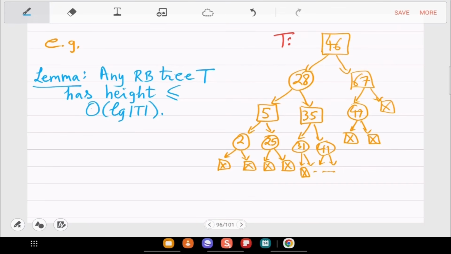This was one of the promises that the tree has, to have small height in terms of the number of records n. Height should only be log n, and then the other promises, which we will see, are how to do insertion and deletion in this much time, right?